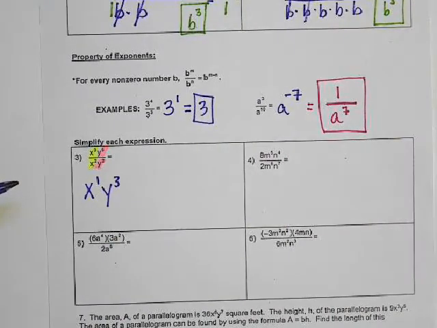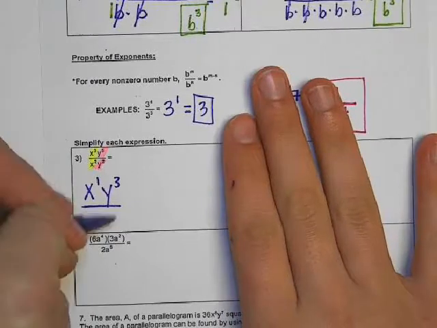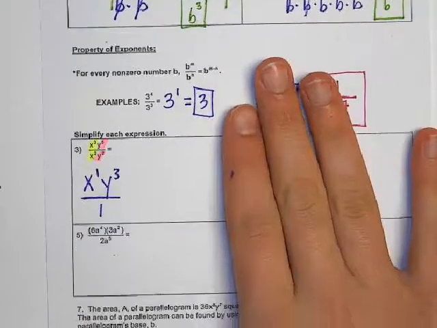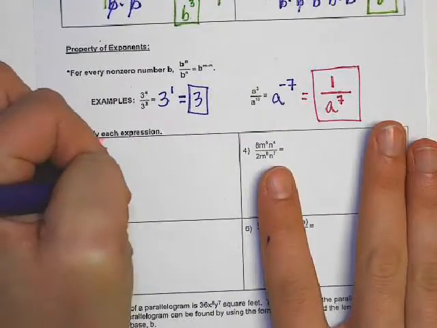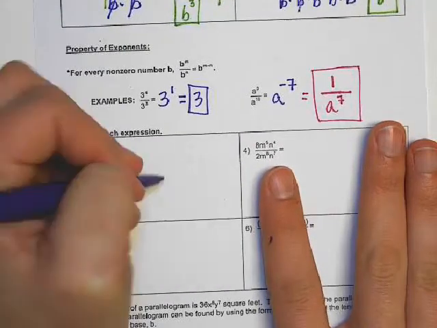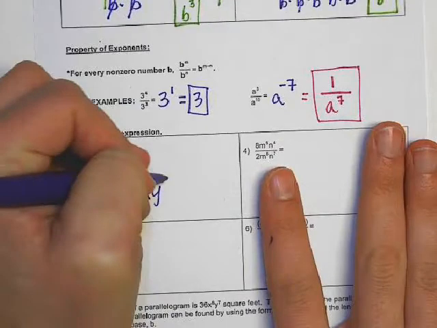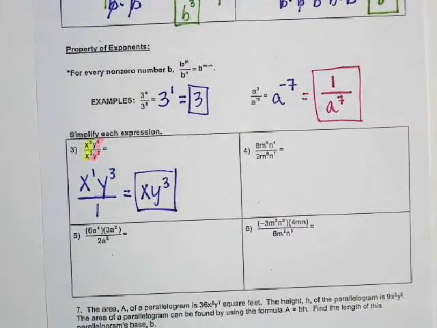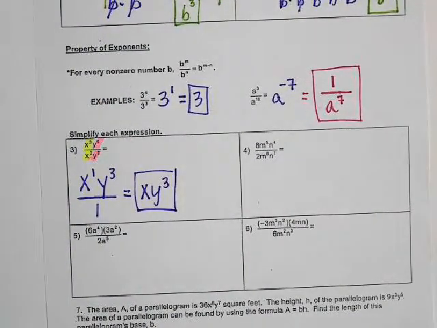What would be on the bottom of the fraction bar? A 1. Do I need to write that? No. Do I need to write this 1 exponent? No. So this is really going to be X, Y cubed. Questions?